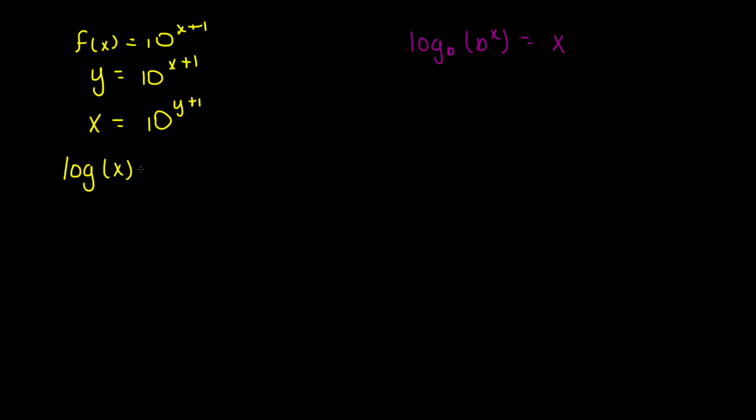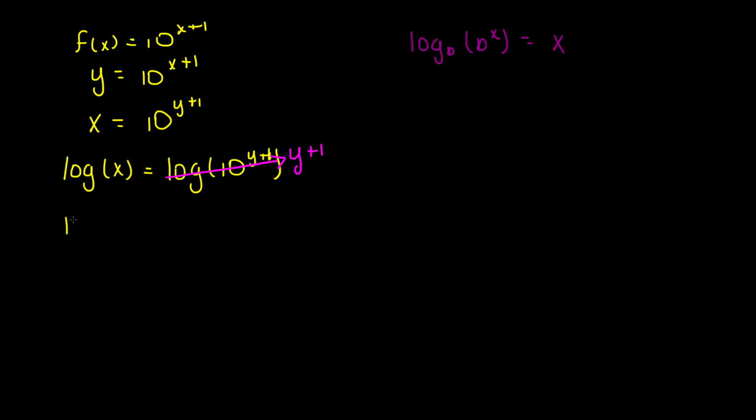I'm not going to write the base 10 because, again, this is a common log. Log of 10^(y plus 1). Again, knowing the property, if you have the same base, your solution is just the exponent. So this right here ultimately becomes y plus 1.